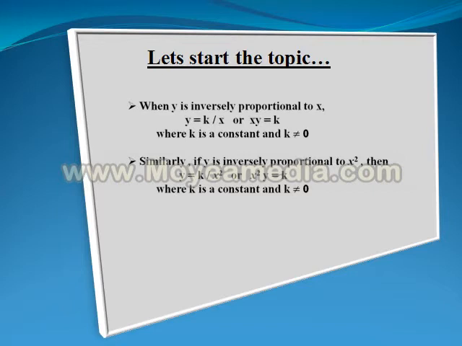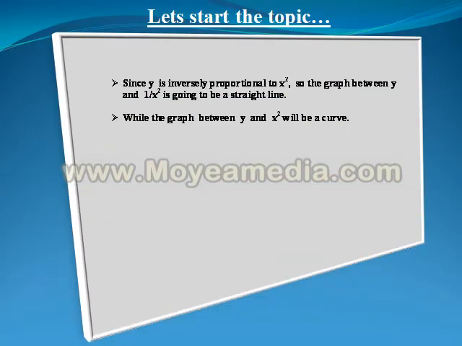But if we plot the graph between y and 1 over x square, it's definitely going to be a straight line passing through the origin. But if we draw the graph between y and x square, it's not going to be a straight line.